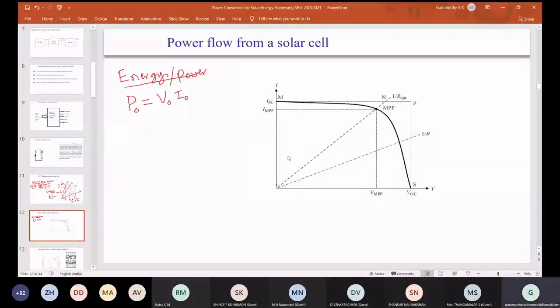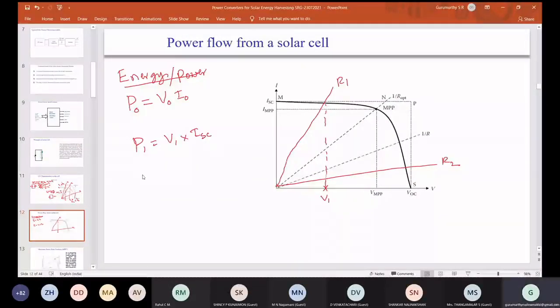As I showed in the earlier slide, as the resistance decreases, you can say this is one resistance, R1, and this is another resistor, R2. Now what is the power drawn by this resistor? This is your V1, so P1 equals V1 into, assuming this is a flat curve and the current is constant, ISC.